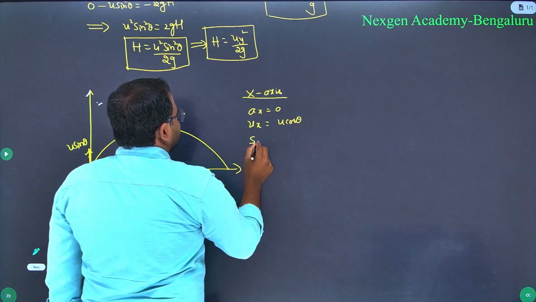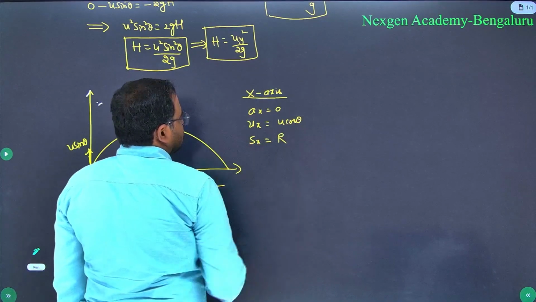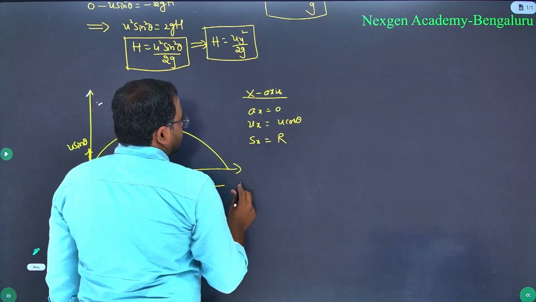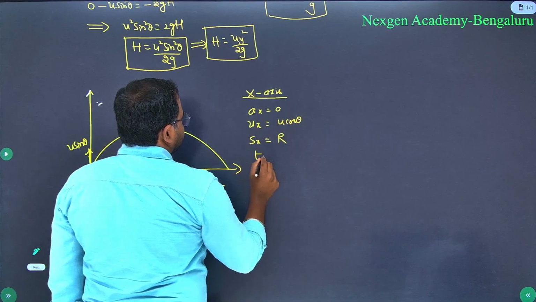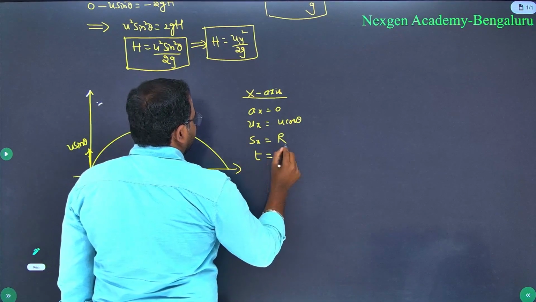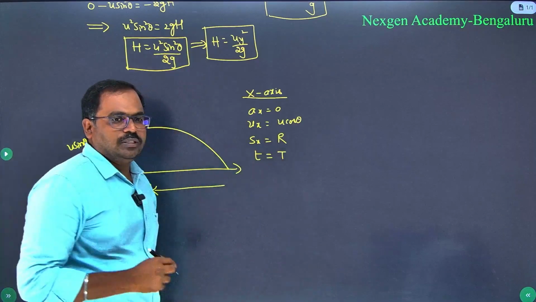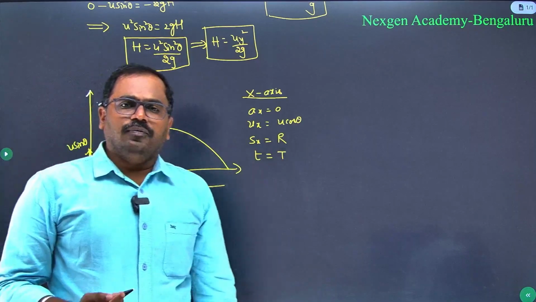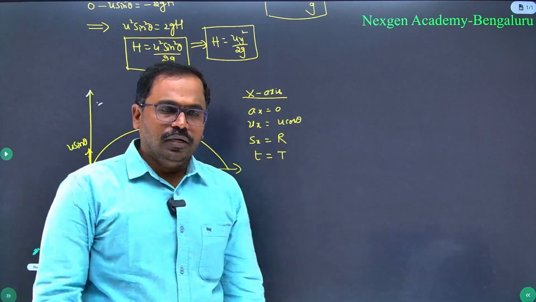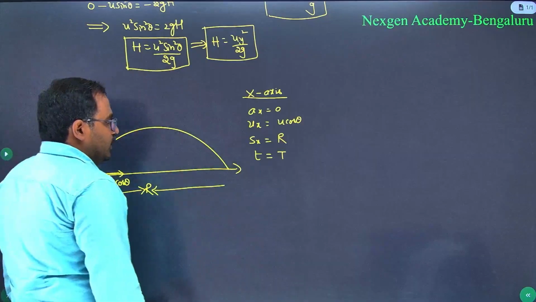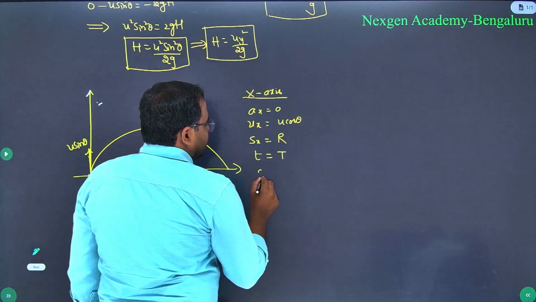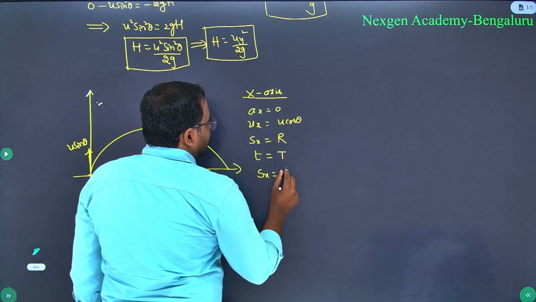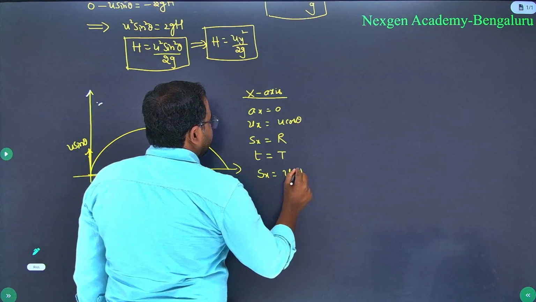Displacement is equal to horizontal range as r. No acceleration. Time taken is equal to what? Time taken is time of flight. Time of flight means total time, which is nothing but time of ascent plus time of descent. So here we can write horizontal distance is equal to horizontal velocity into time taken.